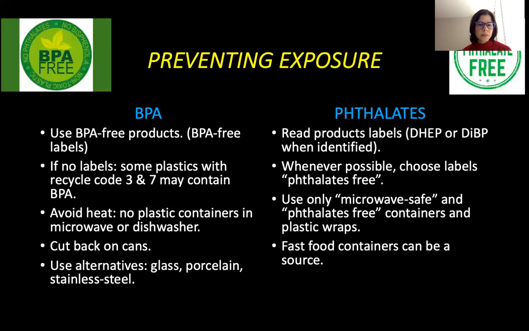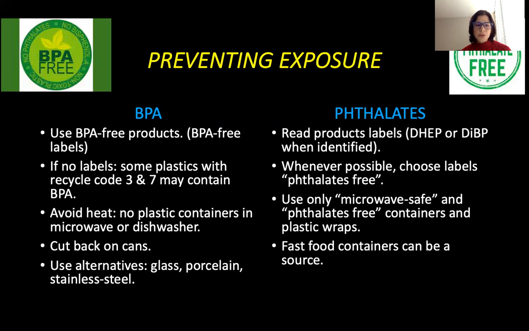How can we prevent the exposure? We can look at BPA products. Most of them have BPA-free labels. If they don't have any label that says BPA-free, we can look for the recycling code. If it has recycling code 3 or 7, it may contain BPA.